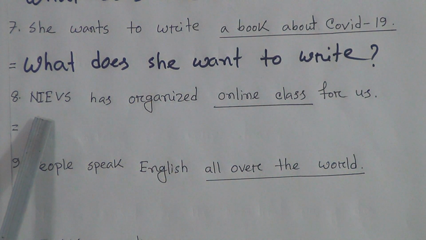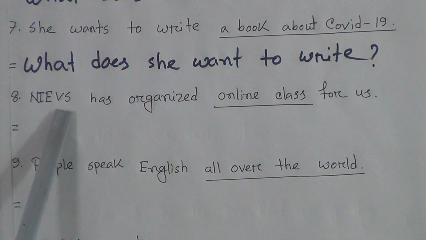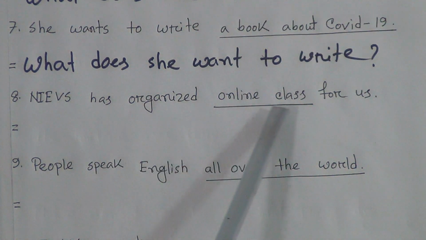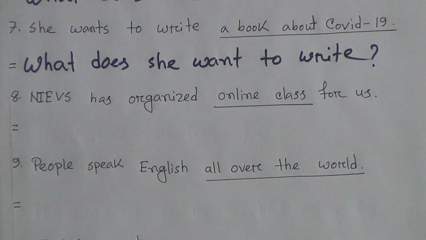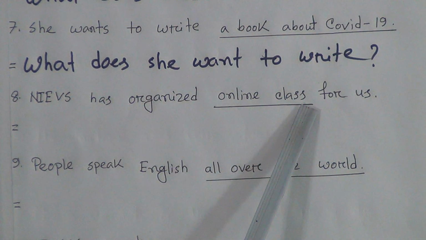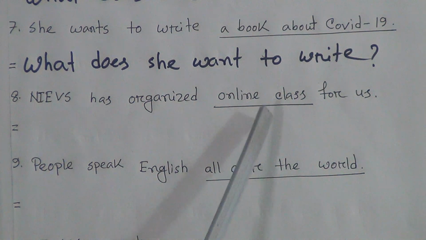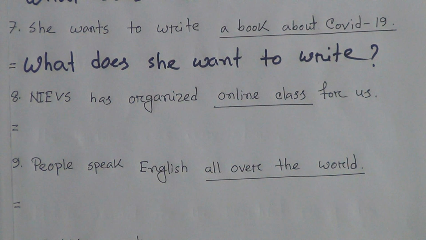The next question, NIEVS has organized online class for us. Here the underlined portion, online class, means this is the answer. We have to make a question based on online class.